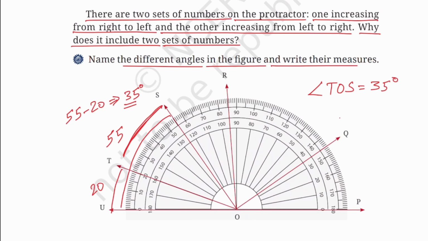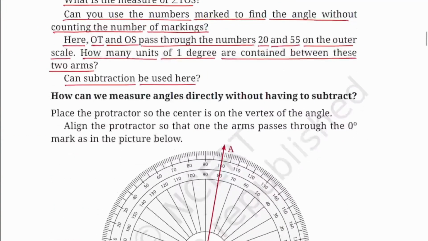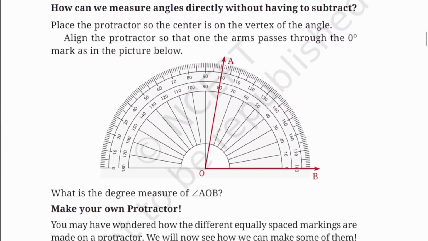You can count in tens and fives. 10, 20 and 30 and 5 more. That is 35 from here to here. 35. A better way is to subtract 20 from 55 like this. How can we measure angles directly without having to subtract?